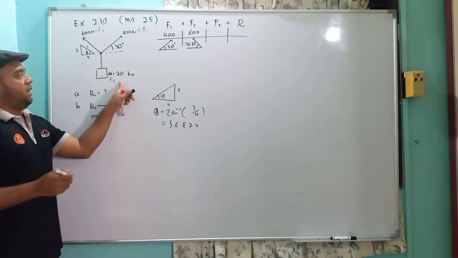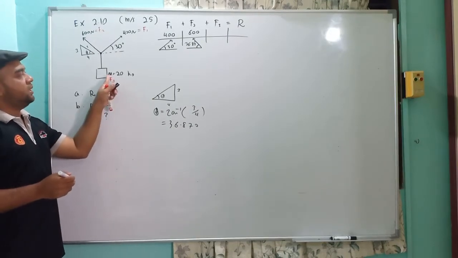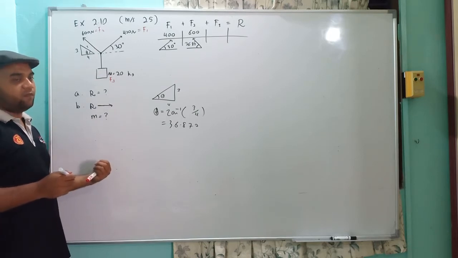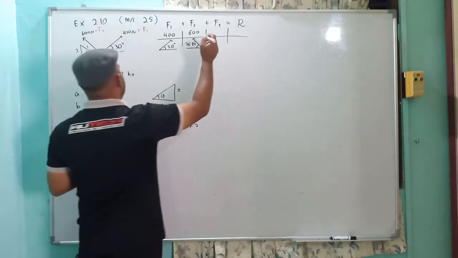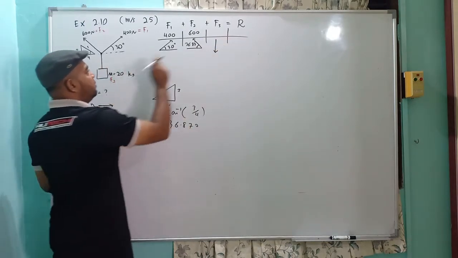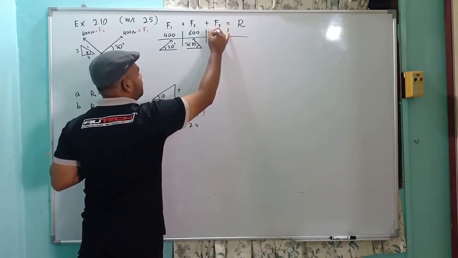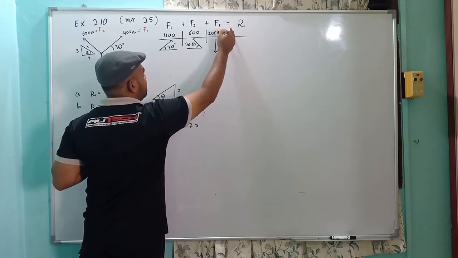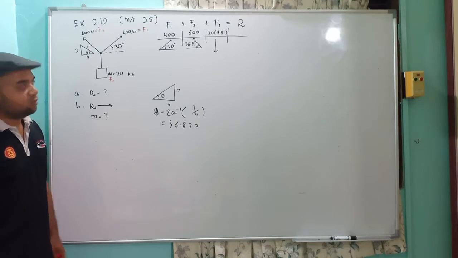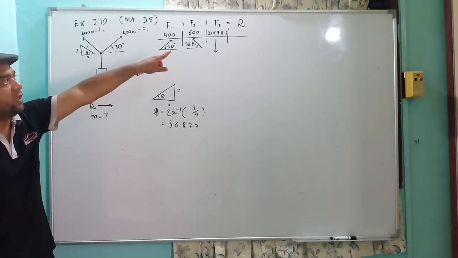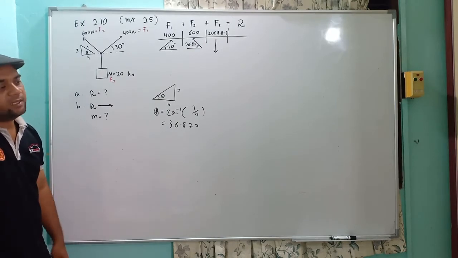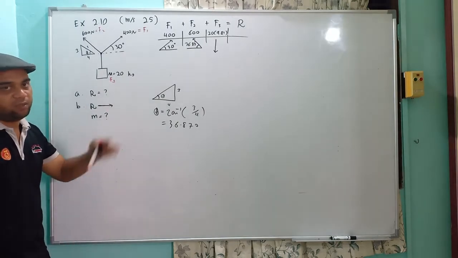Okay, and the mass. If you have the mass, it will pull downward because we have the force which is mg. So the mass direction is downward. So the value is 20 times g. If it is not stated, you will use g, gravity, as 9.81, unless it is stated to you to use g as 10 or something, then you use that one.